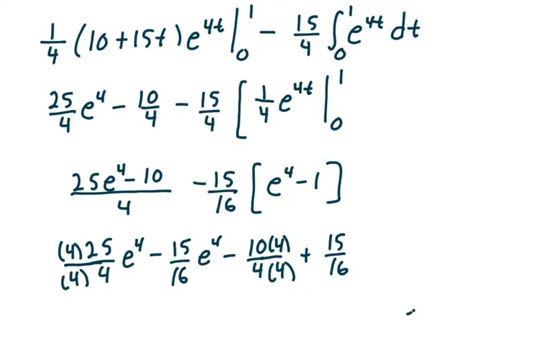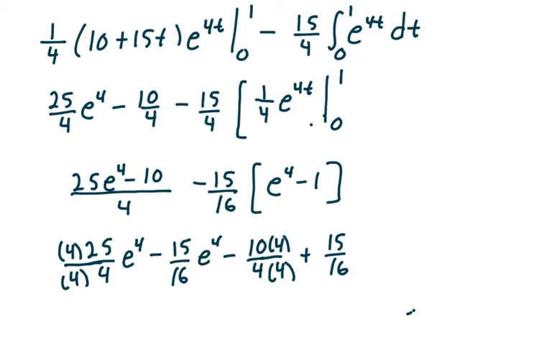And if you notice, I took 15 over 4 times a fourth. So I get 25 e to the 4th minus 10 over 4 minus 15 sixteenths. And then, again, plug 1 in for t, I get e to the 4th. Plug 0 in for t, e to the 0 is 1. So I get minus 15 sixteenths times the quantity e to the 4th minus 1.